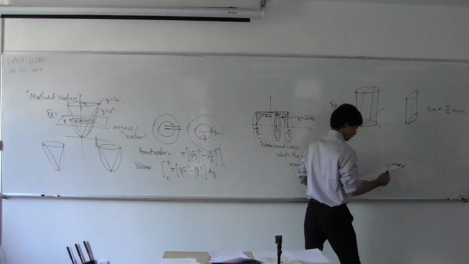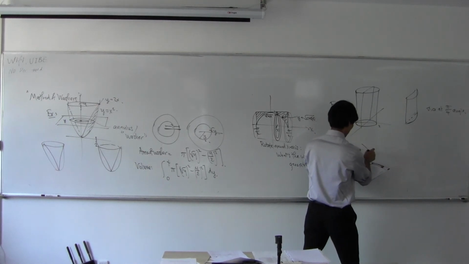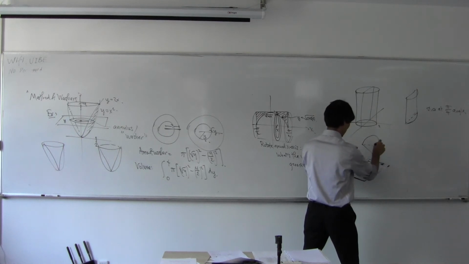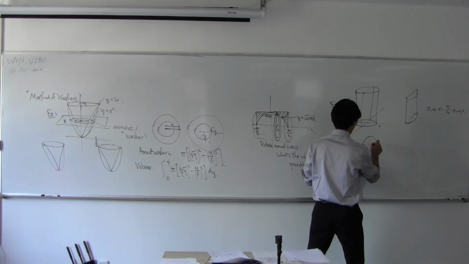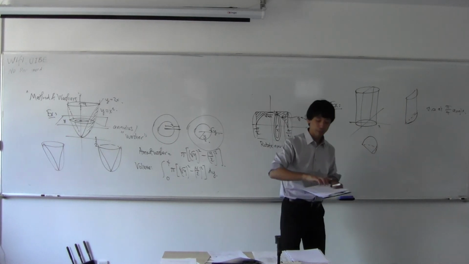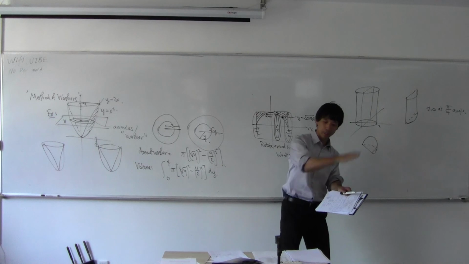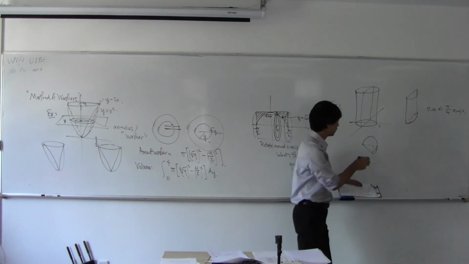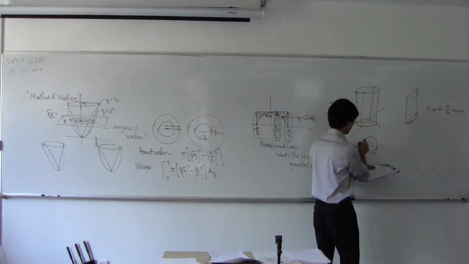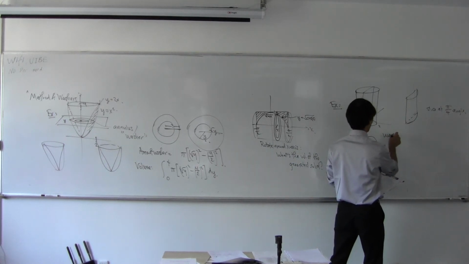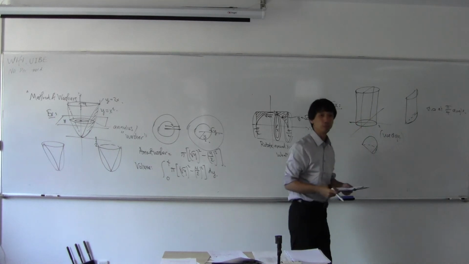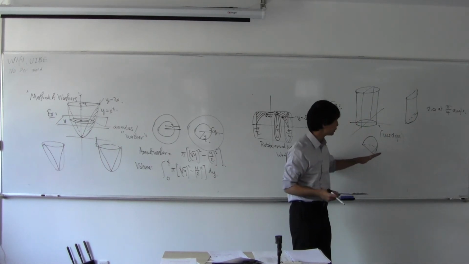Bad drawing. Do you see what I mean? You've taken your half cylinder and cut from the bottom at a 45-degree angle up, and you end up with this cylindrical wedge.